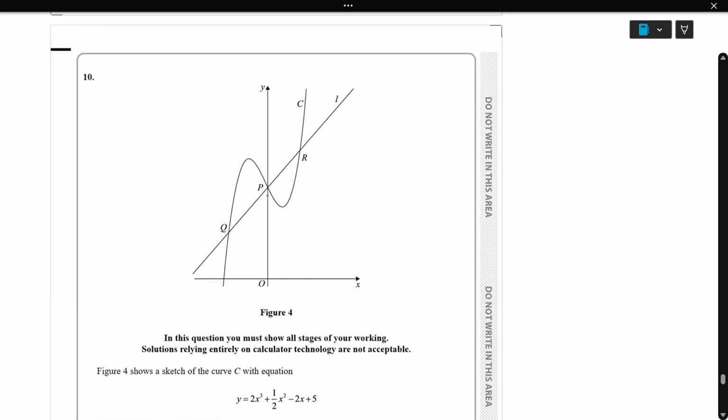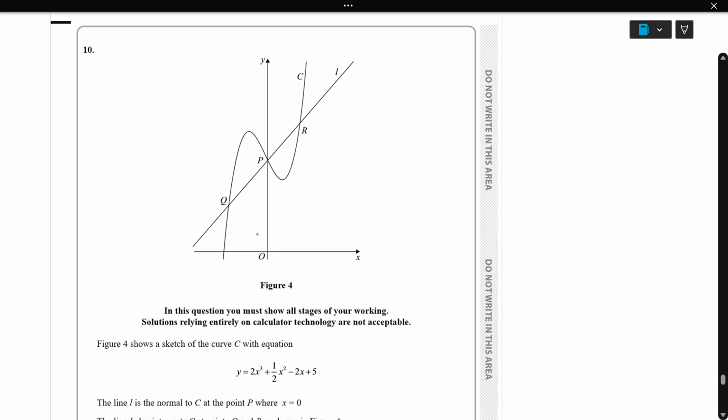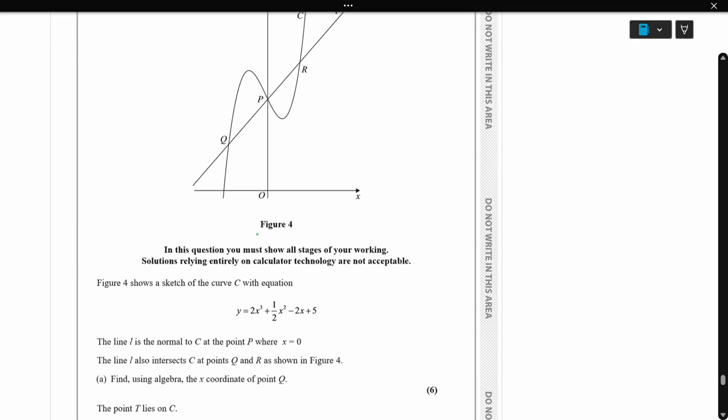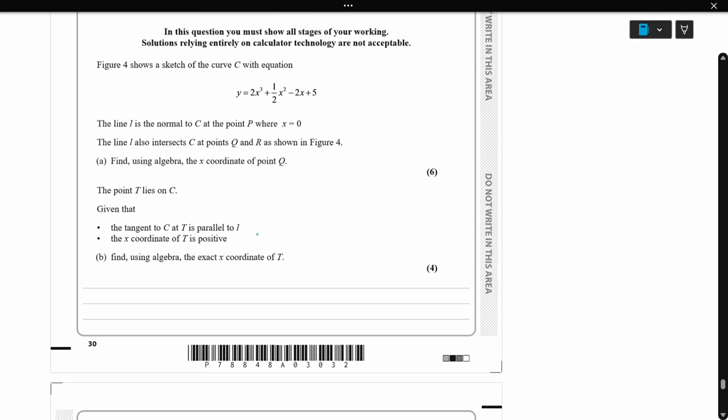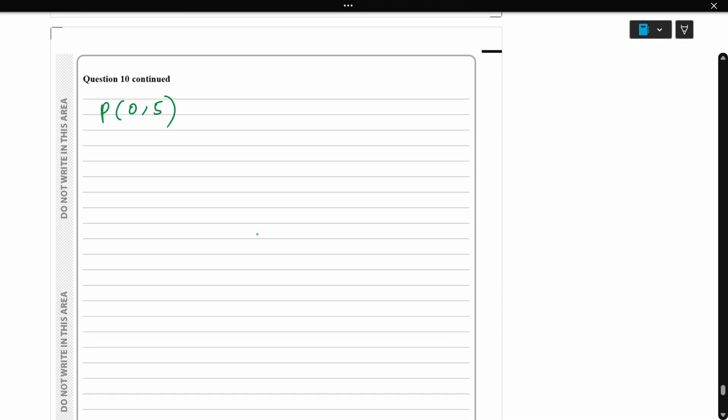We have one passing point, 0, 5. Also now we need to find the gradient, so we will do dy by dx.